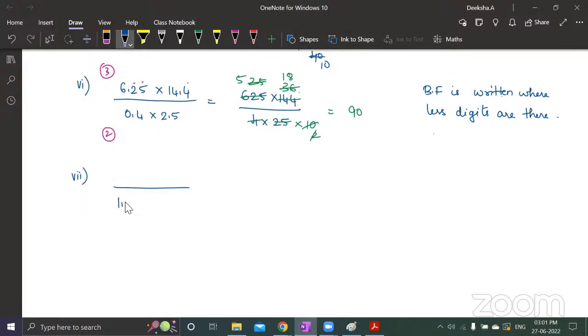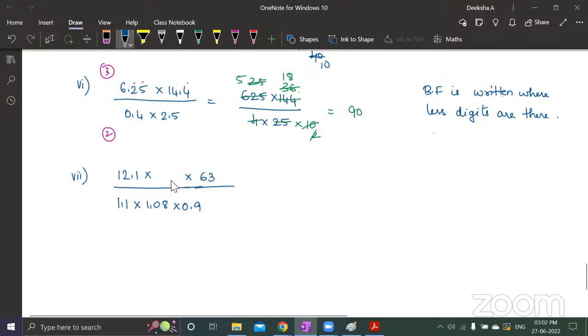There we have 1.1 into 1.08 into 0.9, right? Numerator, I will write 12.1 into 0.36 into 63.